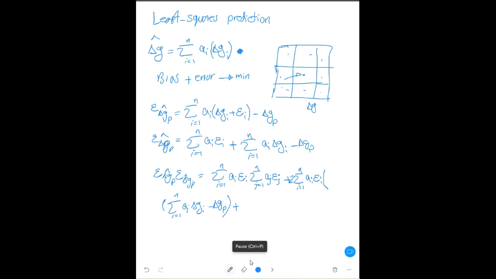Instead, I say 2 times this multiplication, plus the square of the bias term: the summation over j of a_j delta G_j minus delta G_P.